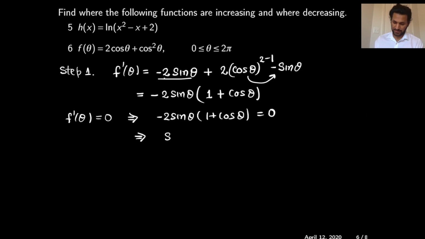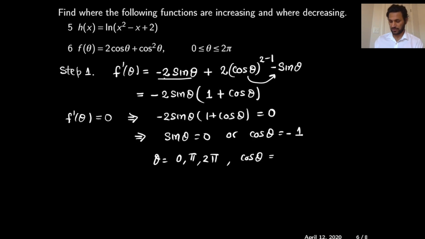Therefore that gives me sine theta is equal to 0, and or cosine theta is equal to -1. You know that sine theta is 0 at pi and 2 pi, and cosine theta is equal to -1 at pi and 3 pi, but these are outside of the interval. So the only critical values inside the interval are basically 0, pi and 2 pi, where 2 pi is the end point and 0 is the same thing.